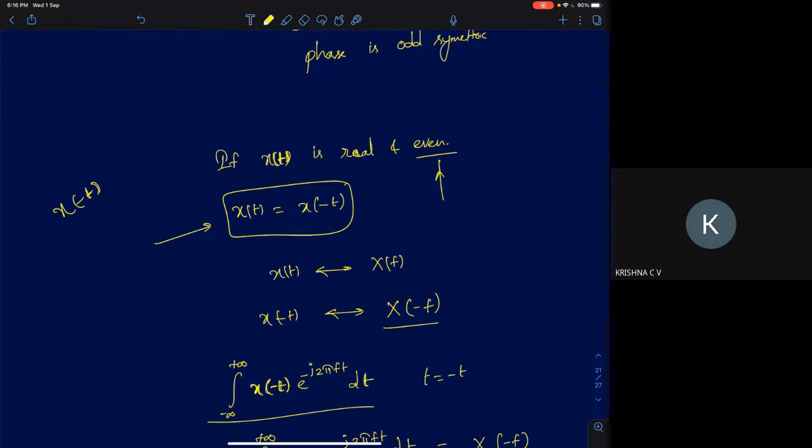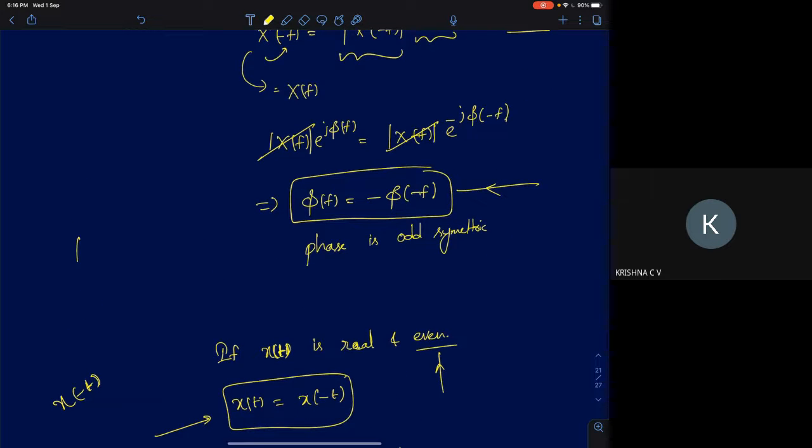It can be easily shown x of minus t will have a Fourier transform of X of minus f. You just have to substitute t equal to minus t, and if you see your Fourier integral here, I'll write it here. So you will have x of t, substitute t equal to minus t, you will get e power j omega t into dt. Sorry, this is X of omega.